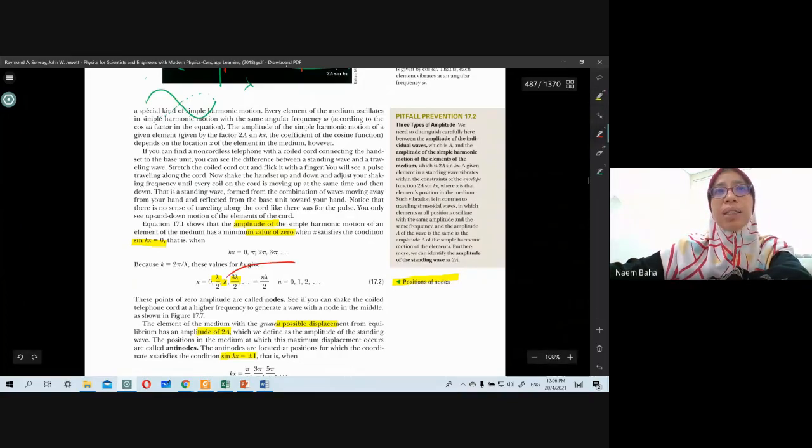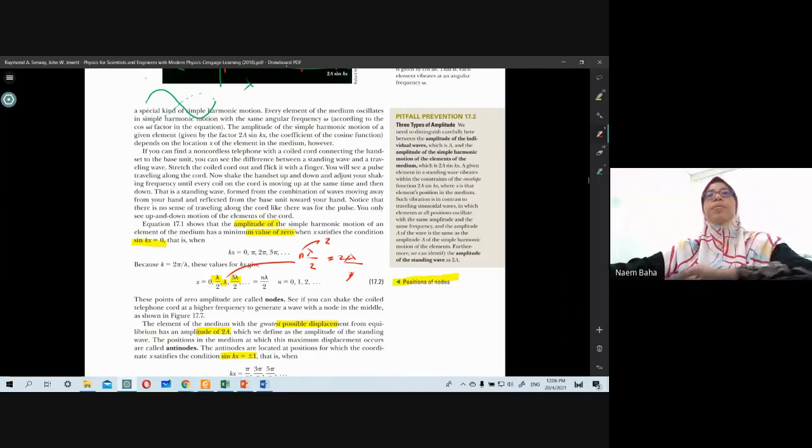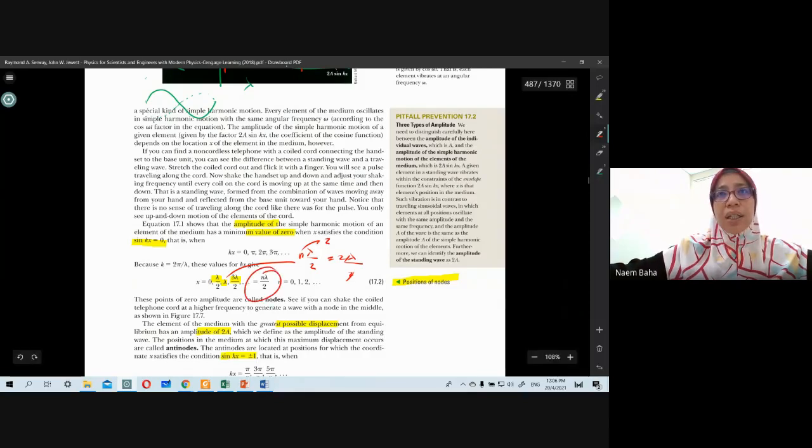This lambda is actually lambda divided by 2 with n equal to 2, so it becomes 2 lambda divided by 2, which simplifies to lambda. Understand? So the general expression becomes n lambda over 2. This is something you need to memorize and that corresponds to the nodes.